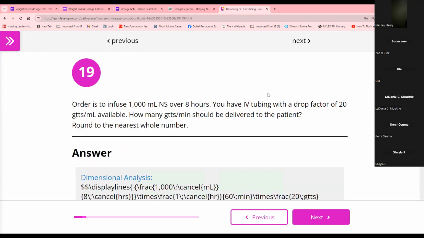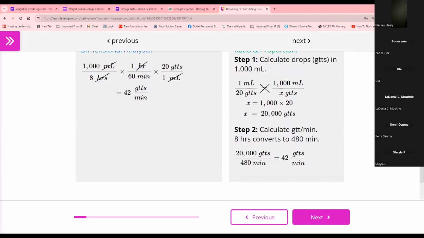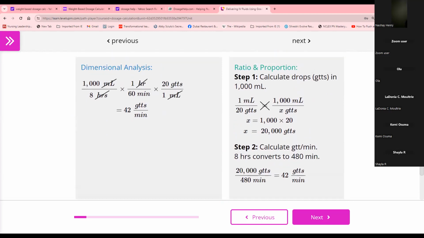Okay, great job. Can you show the whole problem again? Sure.